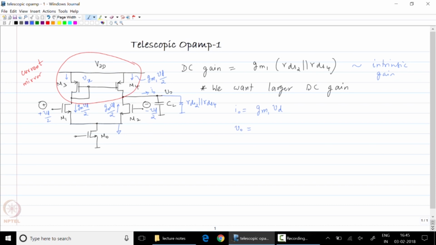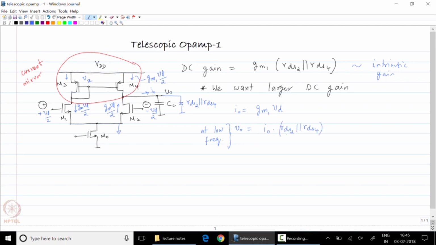Now, let us assume we are looking at the output at low frequencies. At low frequencies, the capacitance presents an open circuit and the output voltage is nothing but I0 times RDS2 parallel RDS4.